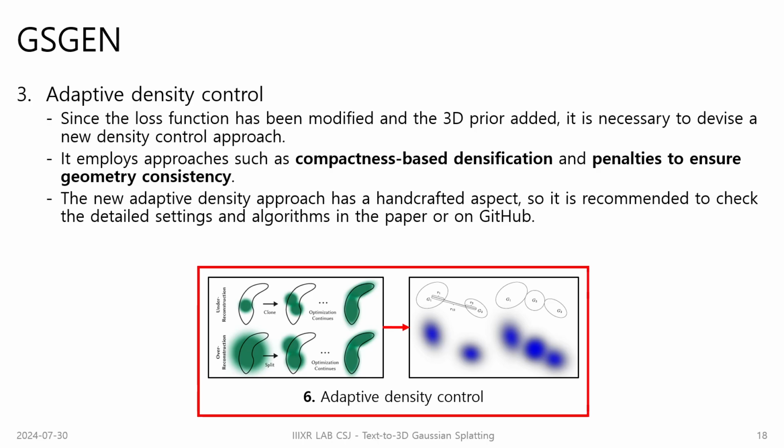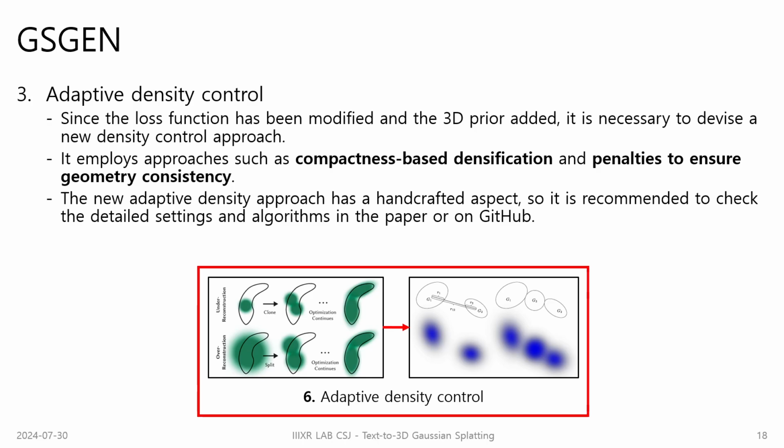The last is the adaptive density control stage. Since we have modified the loss function and added the 3D prior according to the given text input, we cannot maintain the same approach for density control to adjust the detailed quality of the final output by regulating the density of the Gaussians. In this paper, this stage is referred to as the appearance refinement stage.